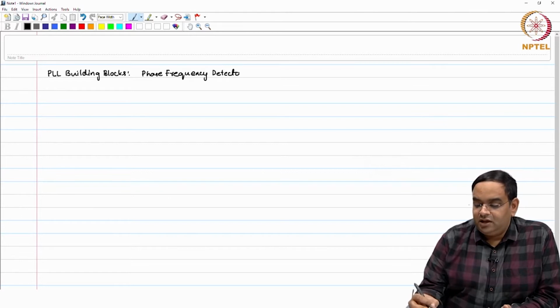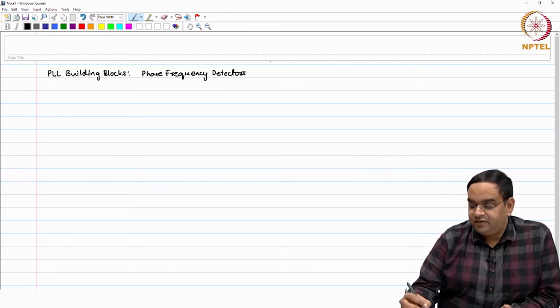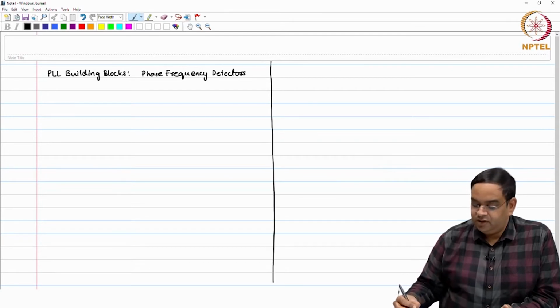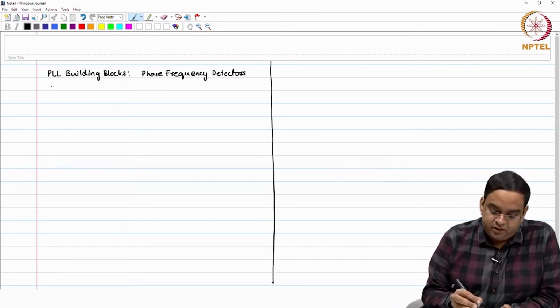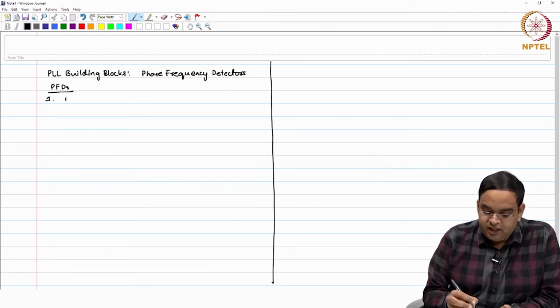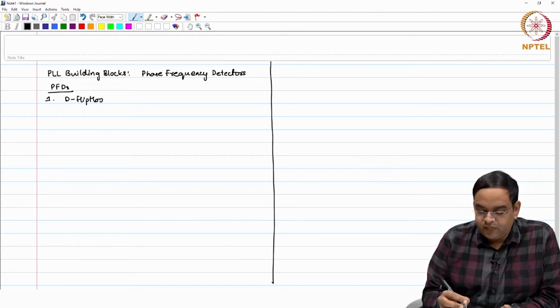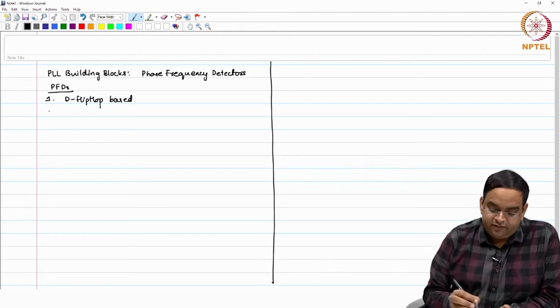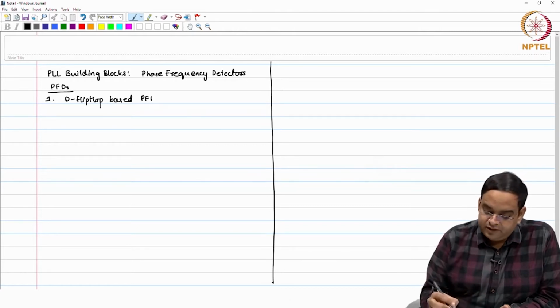There are other implementations of the PFDs also, and let me summarize. You have seen the D flip-flop based PFD, and you know what kind of problems it has.